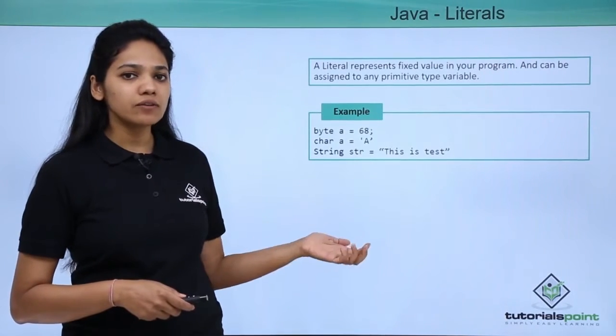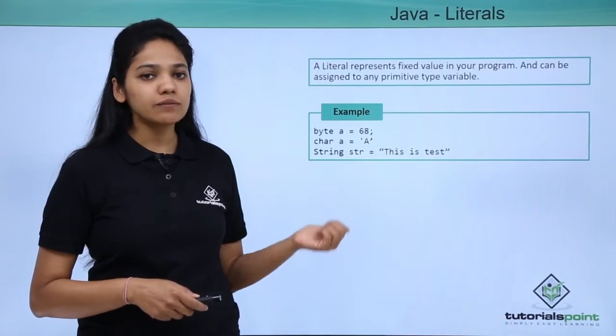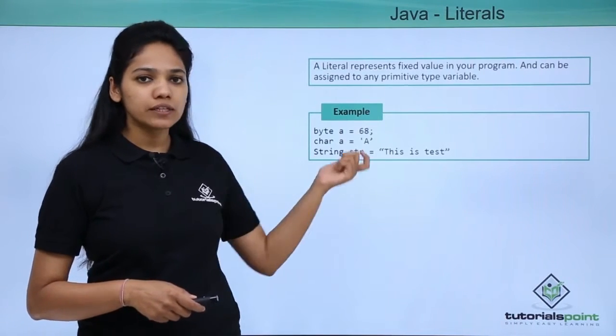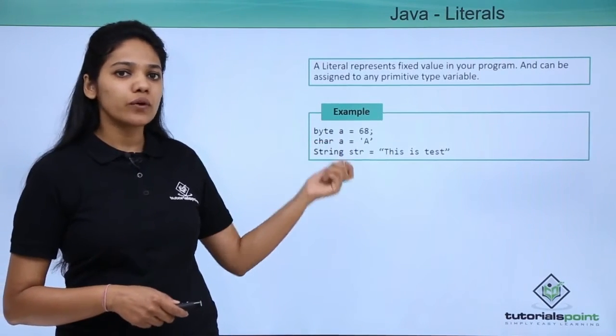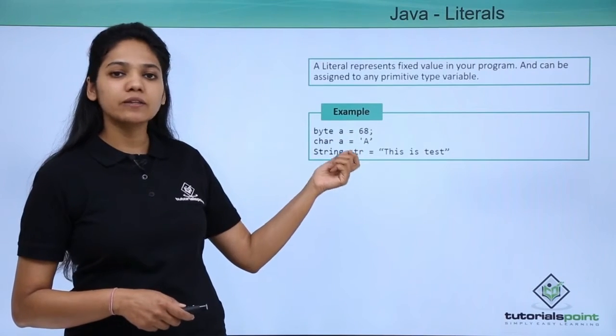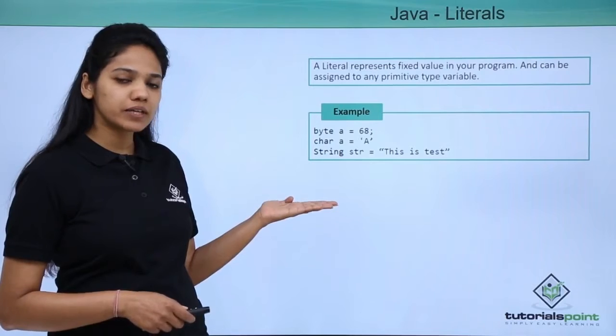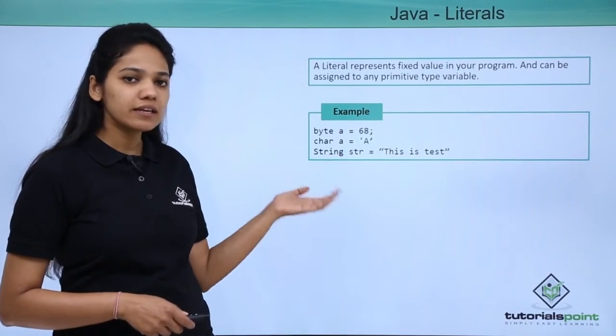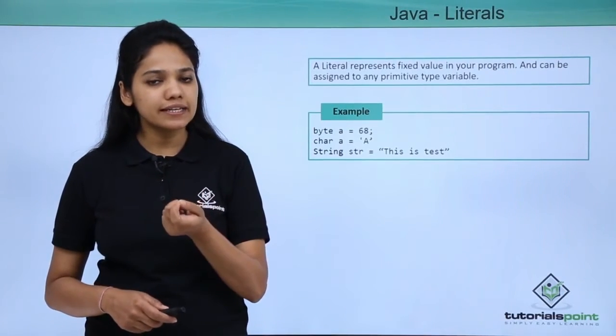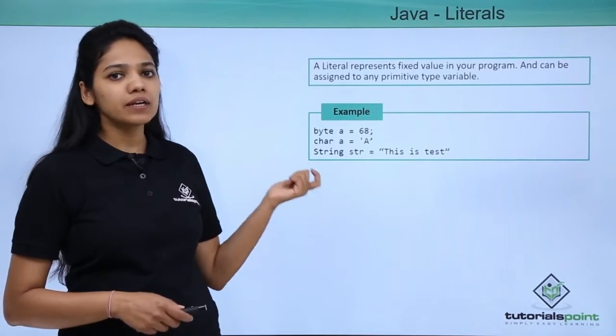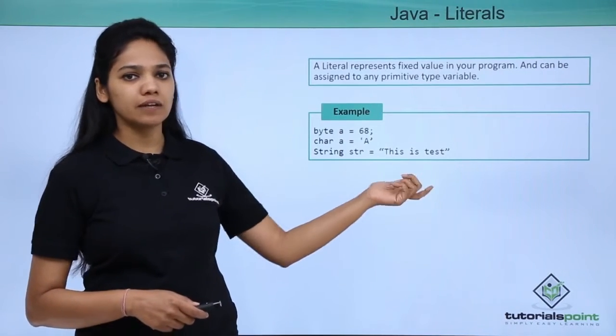We have listed a few of the primitive data types which store values. So the literal here is a byte where the variable name is a and the value is 68. Similarly, we have used a few other types, char and string. Char holds one single character, and a string is a sequence of characters in double quotes.